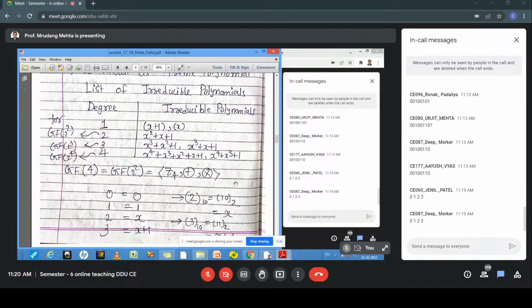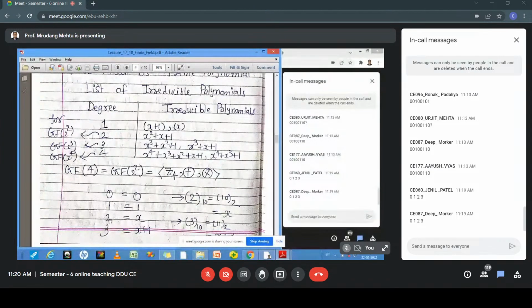But that gives you the same result, right? Now, 1 for 1 we have 0 1. So 0 1 means x raised to 0 multiplied by 1 and x raised to 1 multiplied by 0. So it is 1, right? So for 1 it is 1, for 0 it is 0.